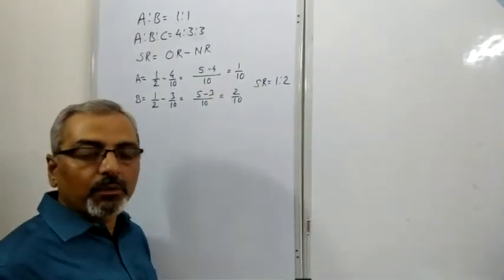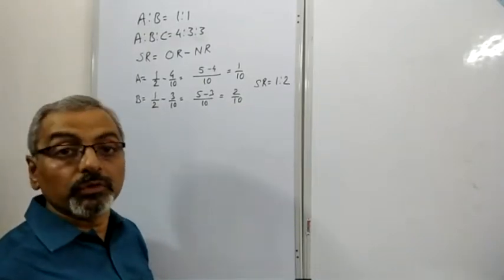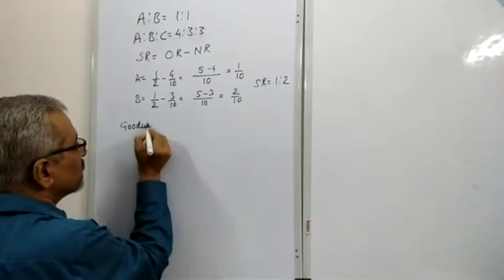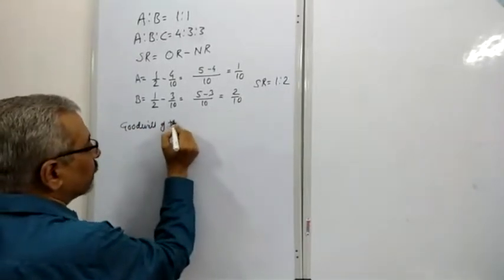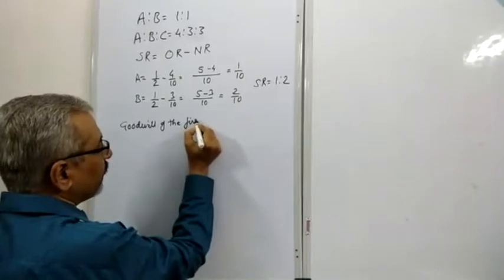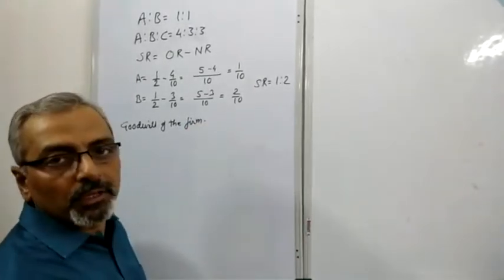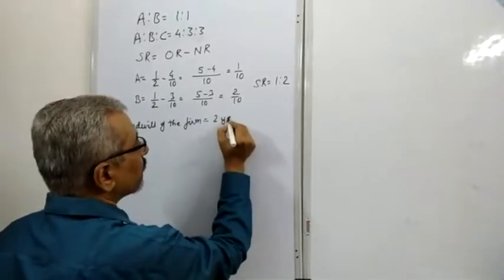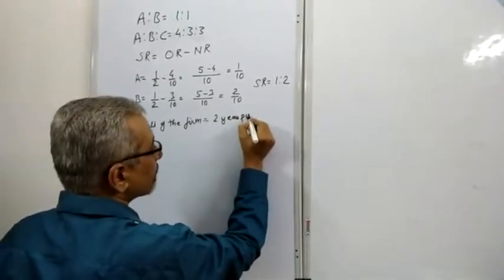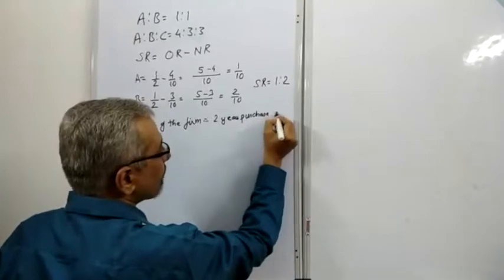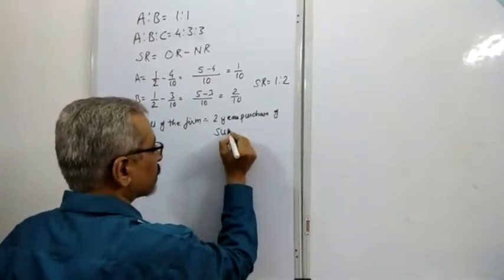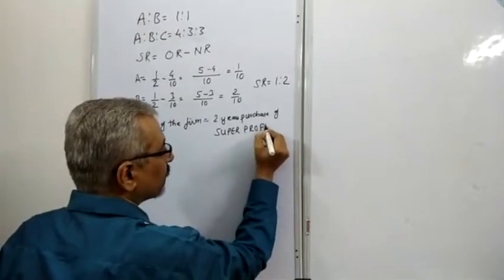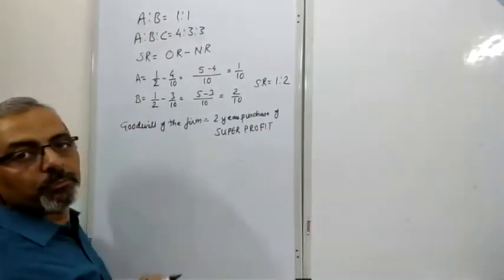The next part of the calculation is to calculate the goodwill of the firm. If you read the question very carefully, the goodwill is calculated at 2 years purchase of super profit. Now this term super profit, what does it mean?